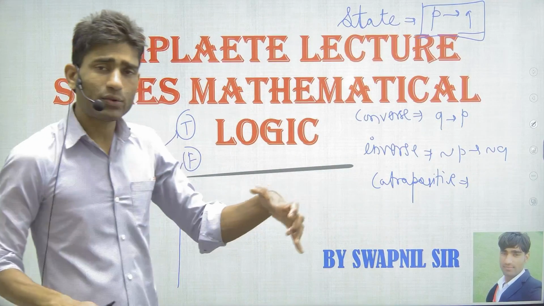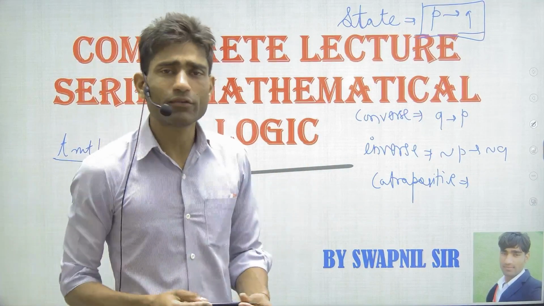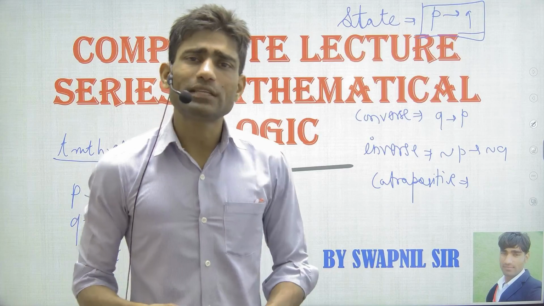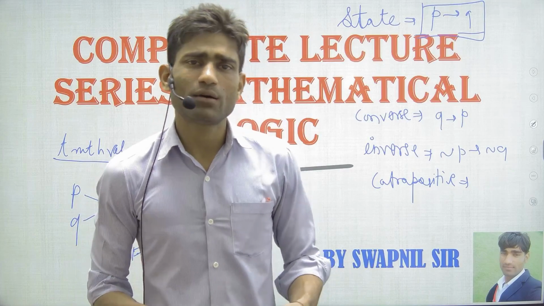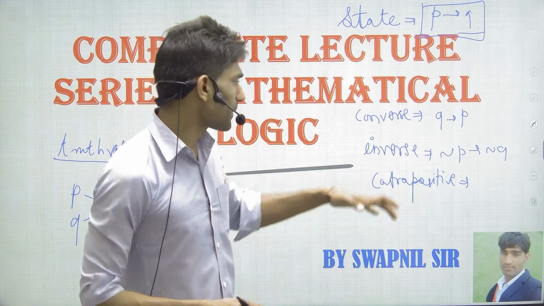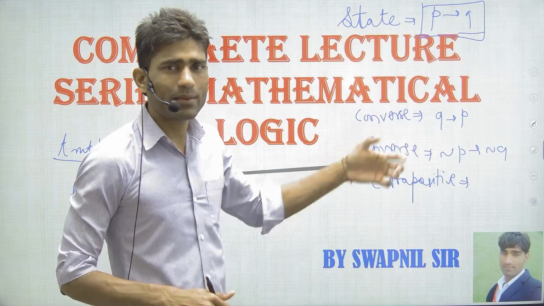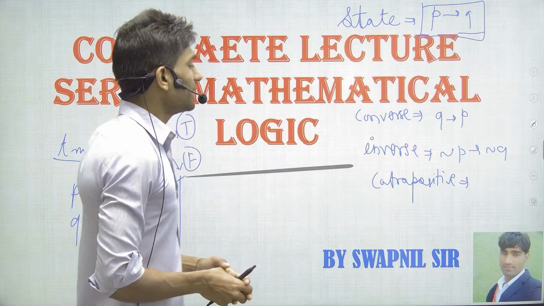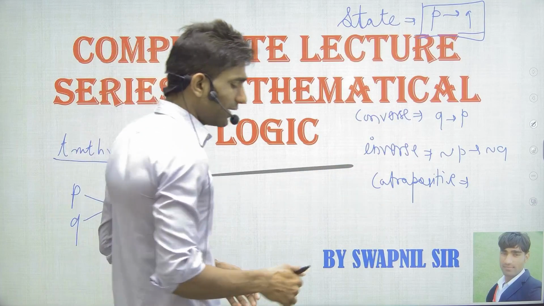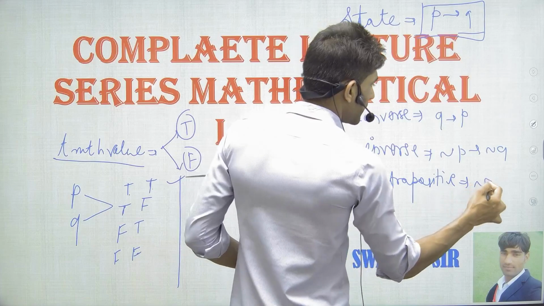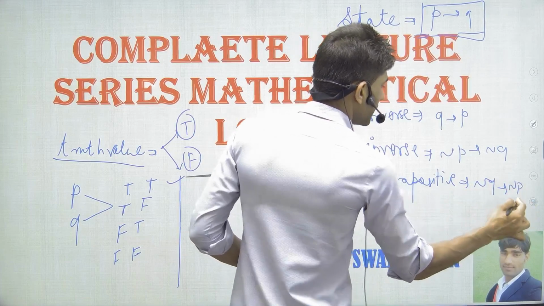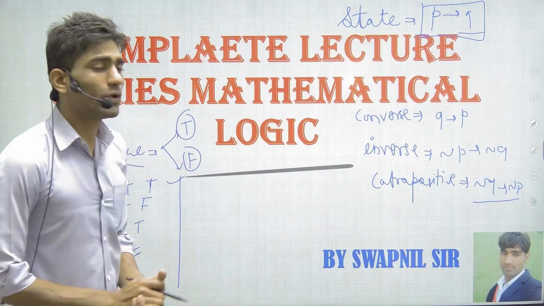Just try to understand it using the symbolic form. We are going to continue with some examples based on these mathematical logical symbols; then the ideas will be very clear to you all. After that, the contrapositive says that if we take not Q implies not P, then we get the contrapositive of our statement.